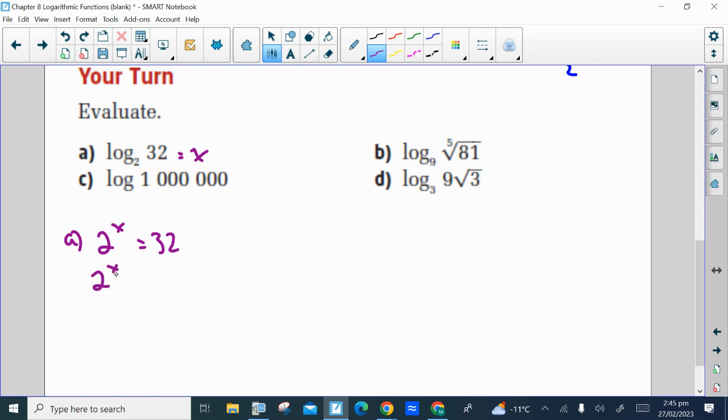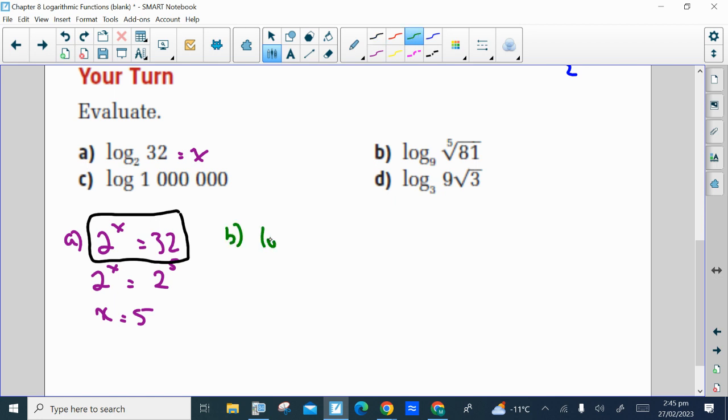And this one we can solve by making the bases equal. 32 is 2 to the 5th. So x equals 5. And if you wanted to check this on your calculator, you would have to use the exponential function. Graph y equals 2 to the x, graph y equals 32, find the point of intersection. Okay.